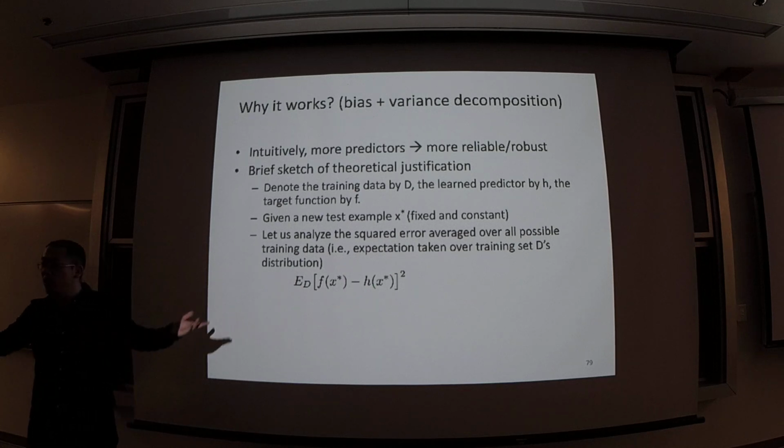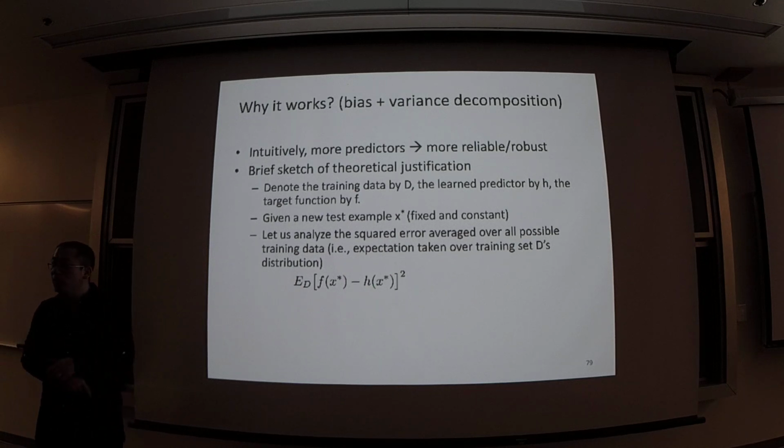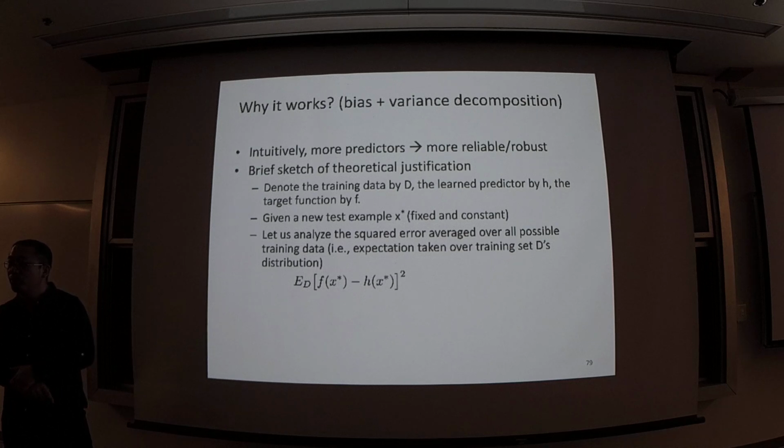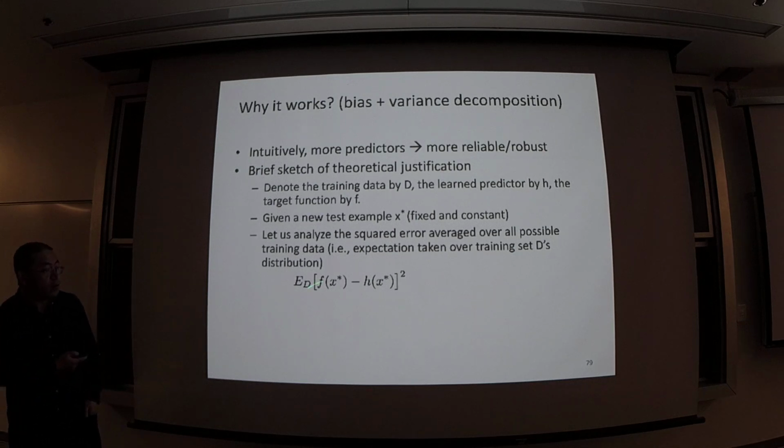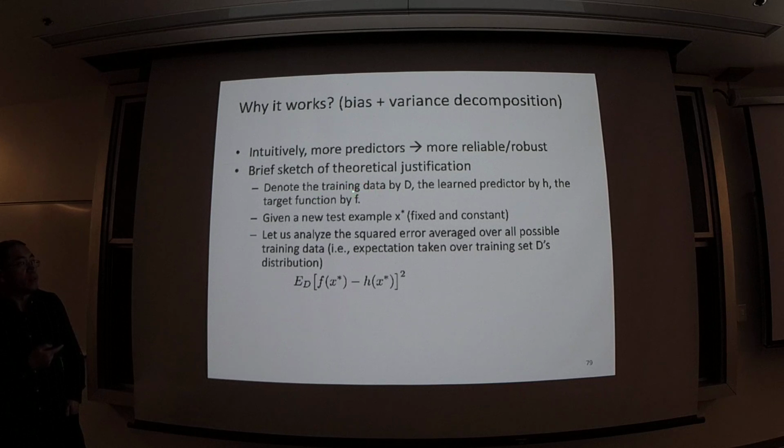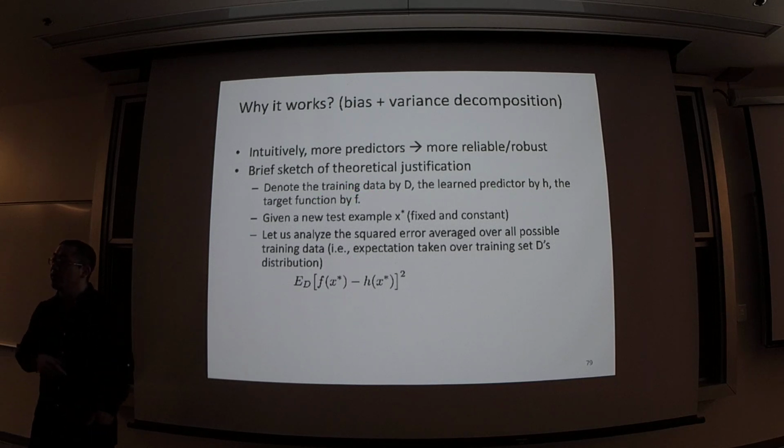I average out all those errors, and I get this expectation. So it is just the expected square error when we use all kinds of training data to train our classifier, say a decision tree. Is everyone comfortable? Any question on this part?